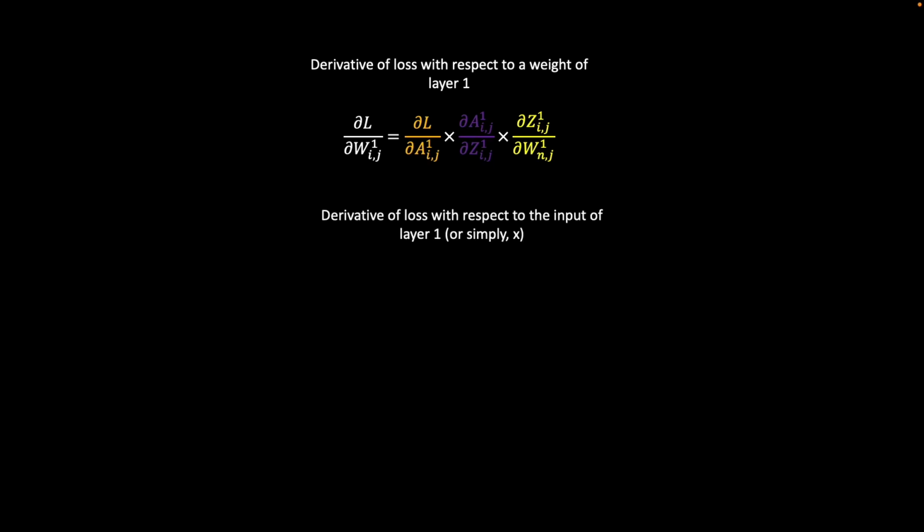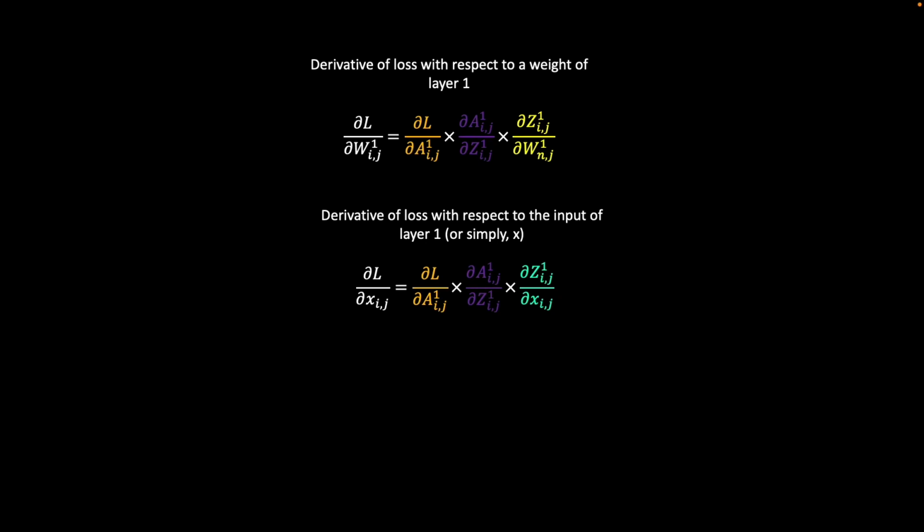And the derivative of the loss with respect to the input of layer 1, or x, is equal to the derivative of loss with respect to A1 times the derivative of A1 with respect to Z1, and this time we're going to find the derivative of Z1 with respect to the inputs.